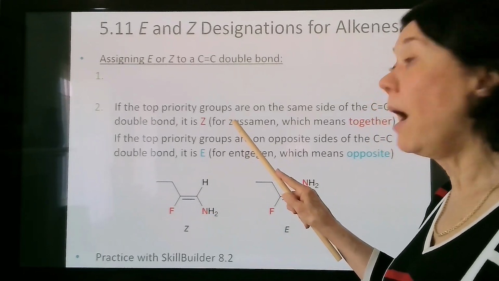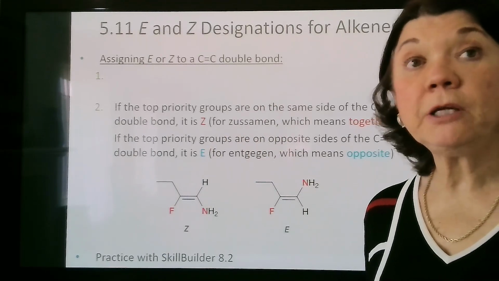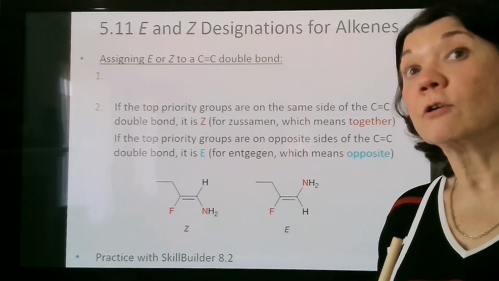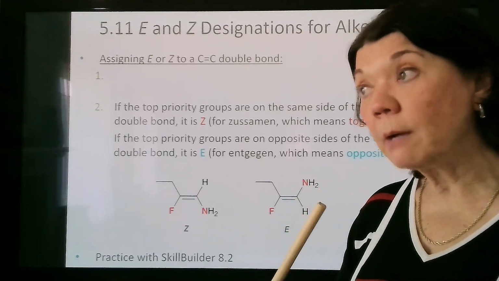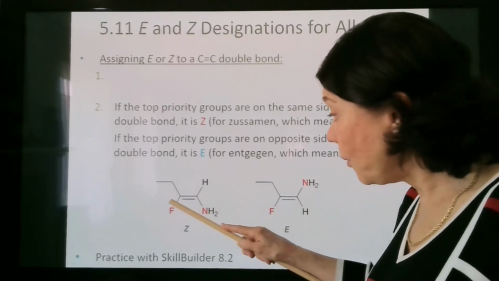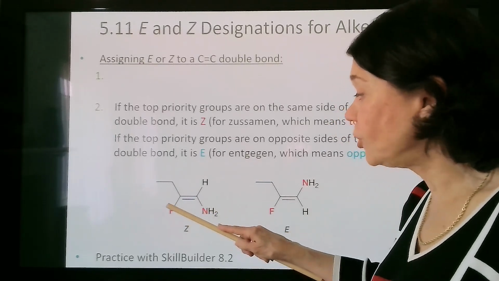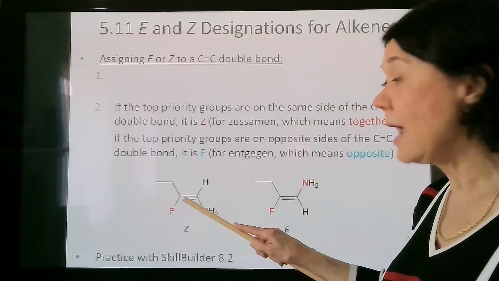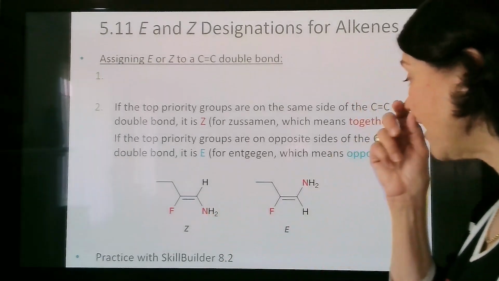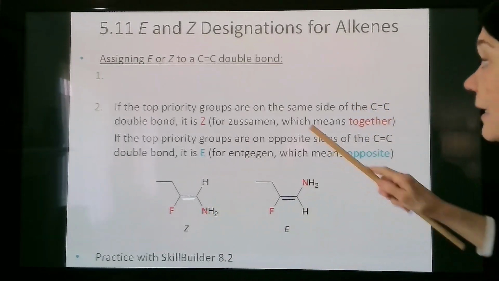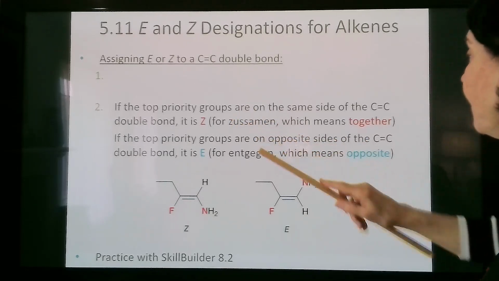Because my instructor told me that zusammen is a word that might be used to describe two lovers walking alongside the river, touching, bumping, rubbing against each other. And so that's to reflect these two groups that are so close to each other that they're constantly interacting, touching, rubbing, bumping against each other. So there's some steric interaction going on there, which is reflected in this word zusammen, which means together.